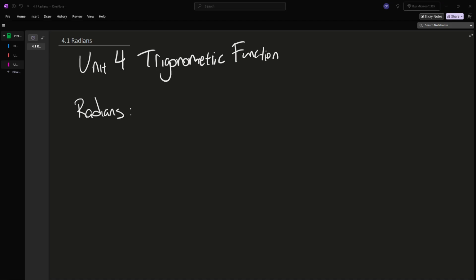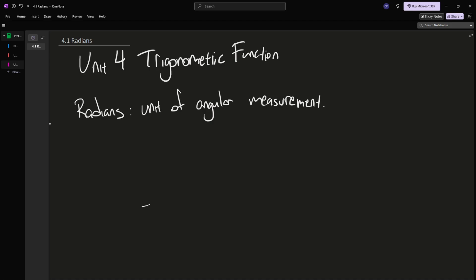So what radians are, let's write this up. It's a unit of angular measurement. And it's similar to, let's think back to the activity we did in class, where given a circle, we use a radius to find a lot of properties about it.